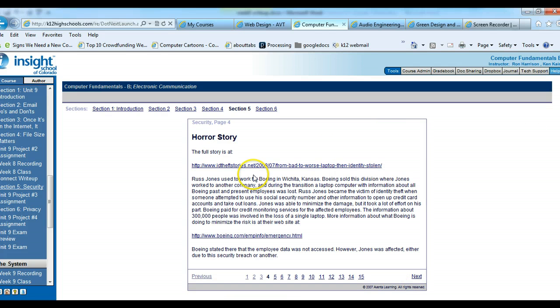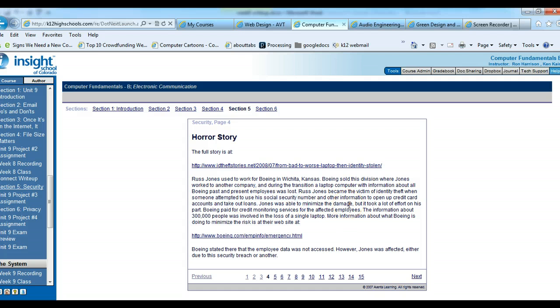Now here's a story. Here's a guy who worked for Boeing, which is an airplane manufacturing company. Boeing sold the division where he worked, and during the transition his laptop with information about past and present employees was lost. He became the victim of identity theft when someone attempted to use his social security number and other information to open credit card accounts and take loans.